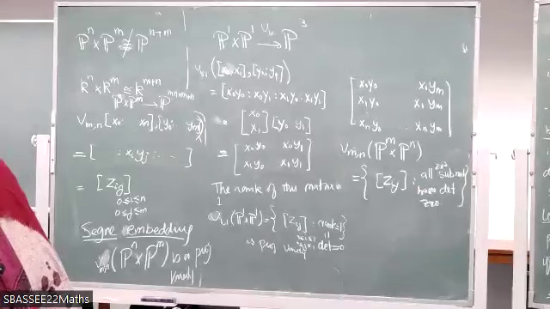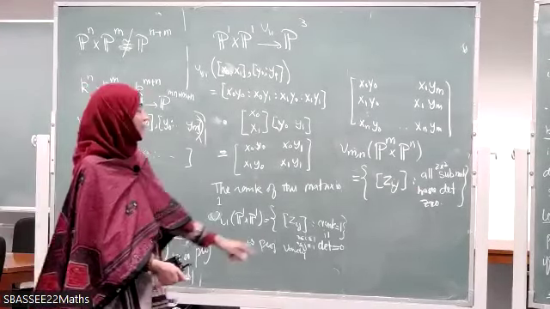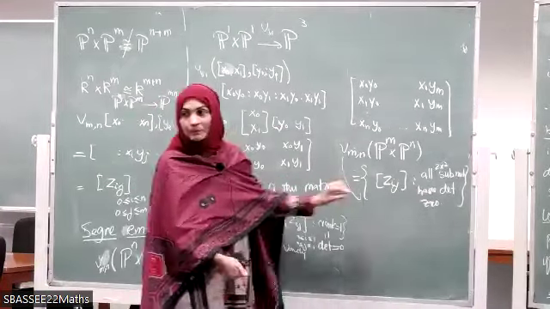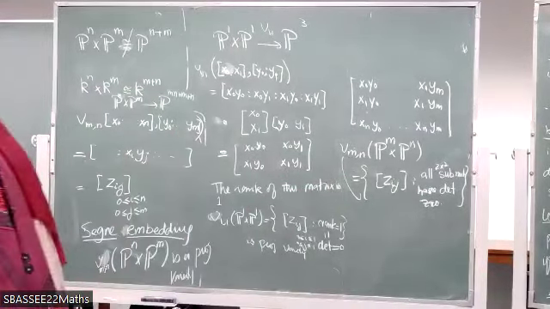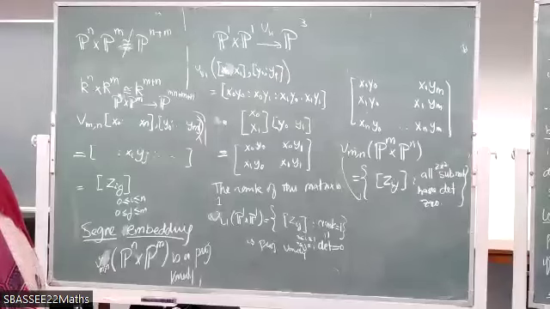Okay, that's it. This is an important one to clarify, and this is known as the Segre variety, right? Because it's a variety, it's called a Segre variety.